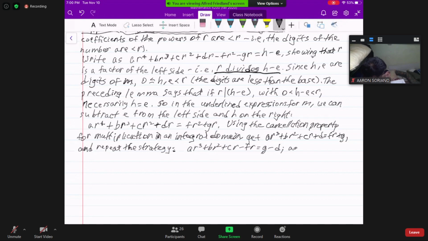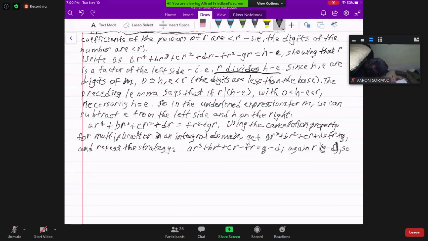And so again, we see that R, which is a common factor of the left side, divides G minus D, and you need parentheses there because it's the whole thing. And same reason as before, all the coefficients, the G and the D, are less than R. If R divides their difference, the lemma says those two numbers have to be the same, so R divides 0.